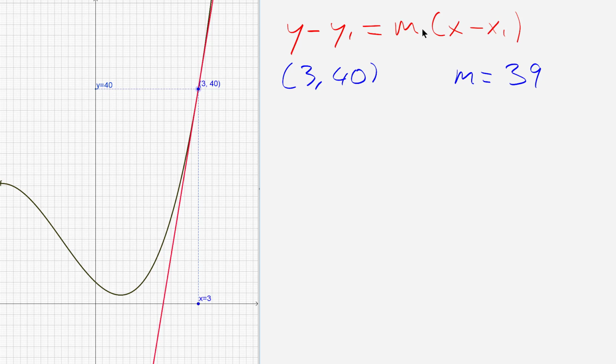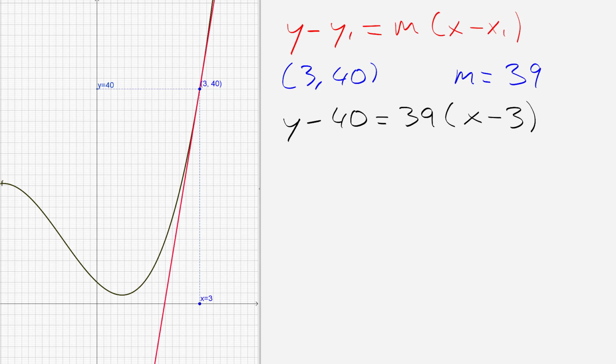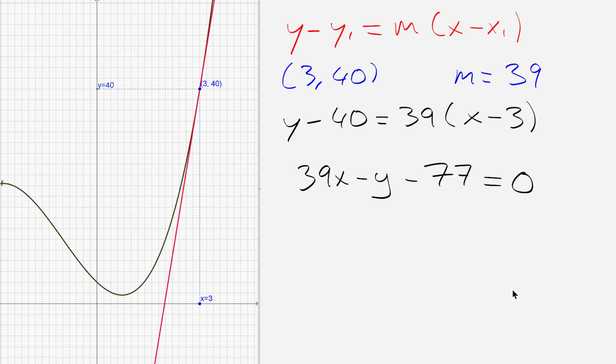Filling into the equation of the line formula: y minus y1, y minus 40 equals m, 39, into x minus x1, x minus 3. And we can tidy this up to 39x minus y minus 77 equals 0. And that is the equation of this red tangent line that we see on the image right here.